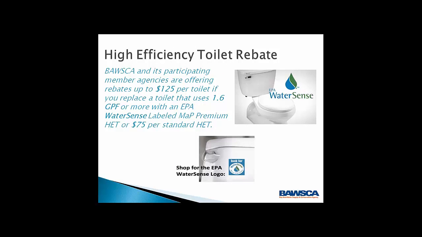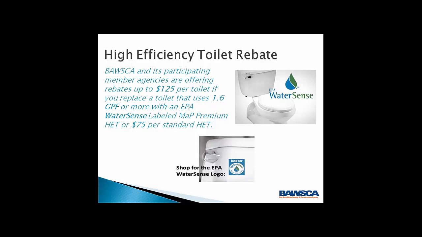If you are one of those households that has an old school toilet that uses a lot of water, there are still some out there. Now is a really great time to take advantage of rebate programs offered by BOSCA and participating member agencies and to replace your toilet with a water efficient model.